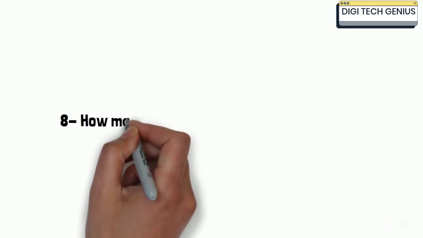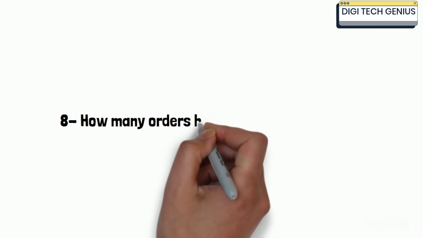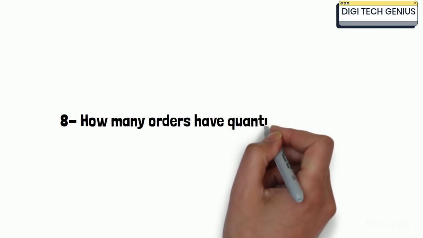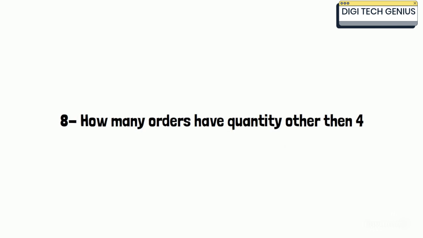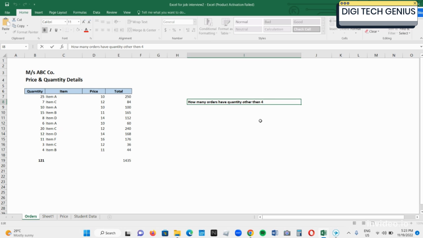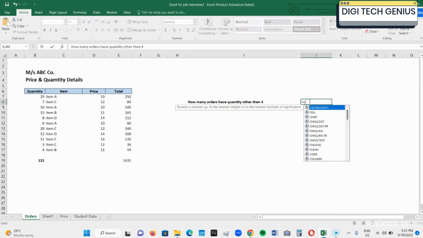So our next task is to find out how many orders are there which do not have quantity 4. I need to find, other than 4, how many orders are there. To find the answer, we'll use the formula COUNTIF again.